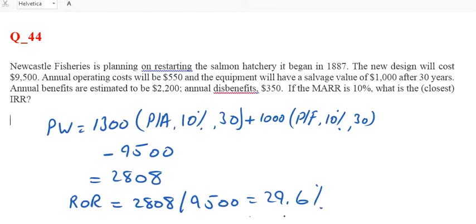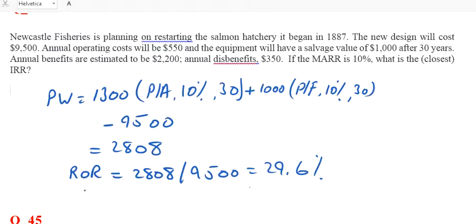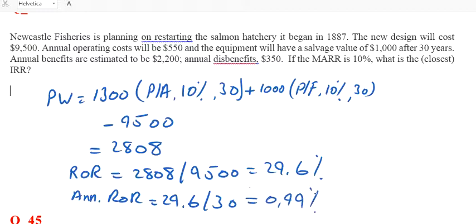And the annual one is 6.99%. So the closest one will be choice B.